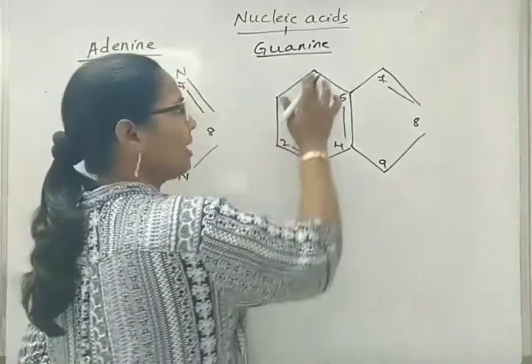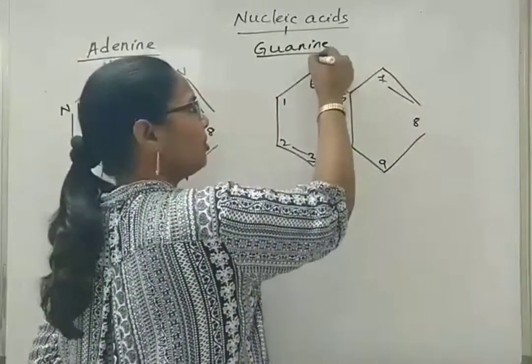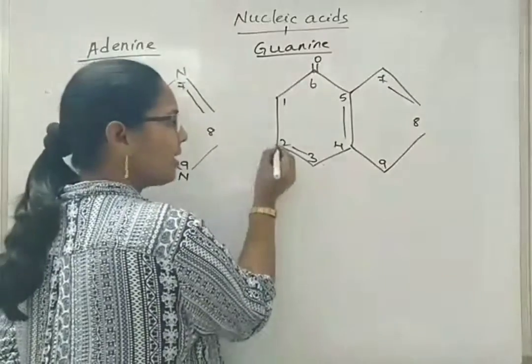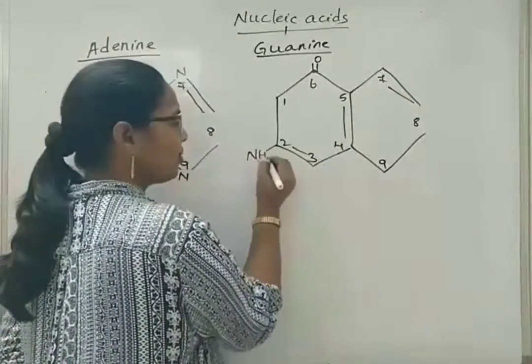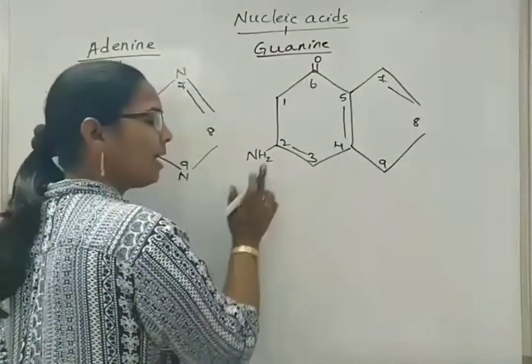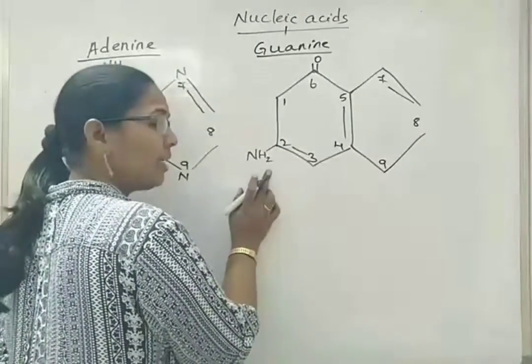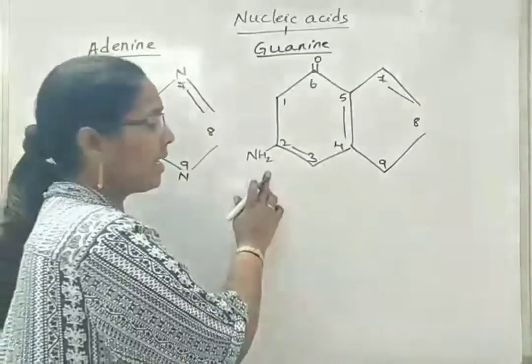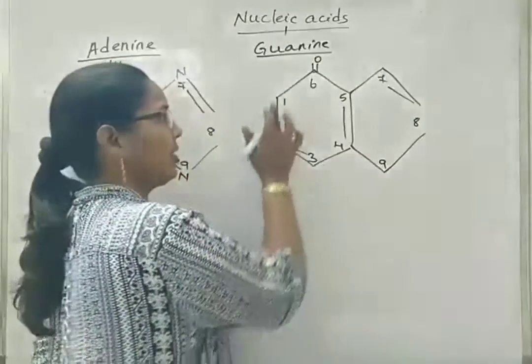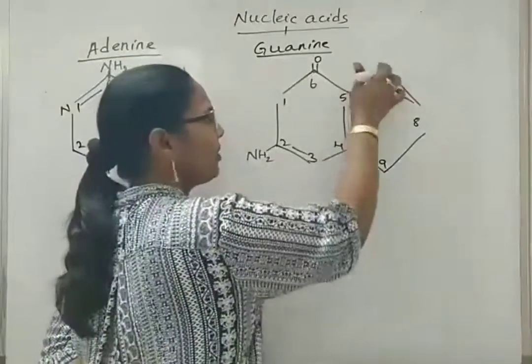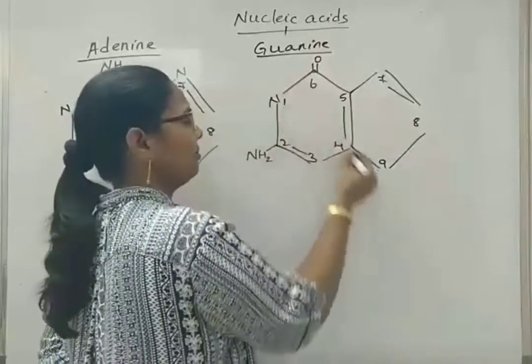But here at the 6th carbon there is a ketone group, and at the 2nd carbon there is an amino group. In case of adenine, the amino group is located at the 6th position. In case of guanine, the amino group is located at the 2nd carbon position. And the nitrogen atoms are again the same.